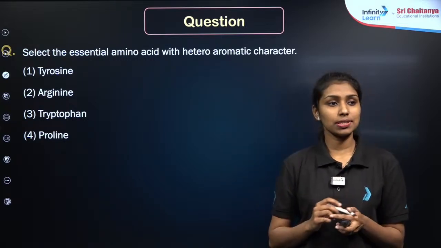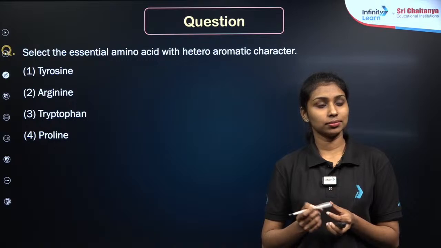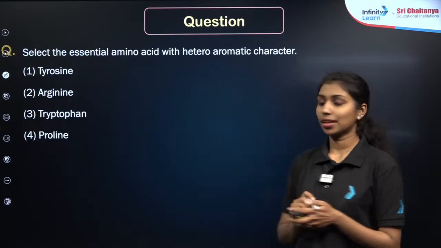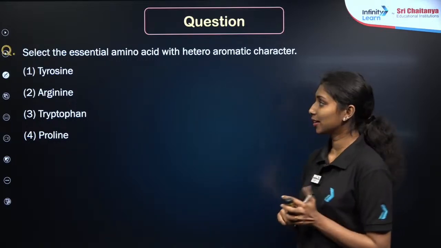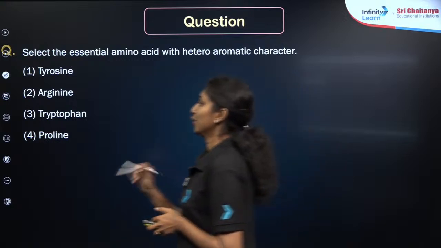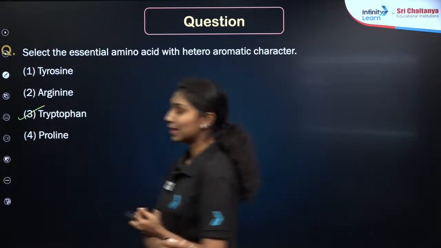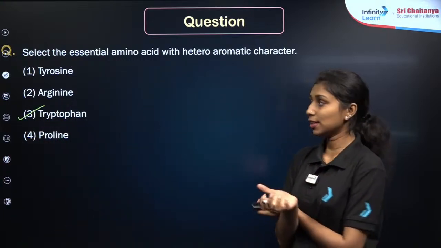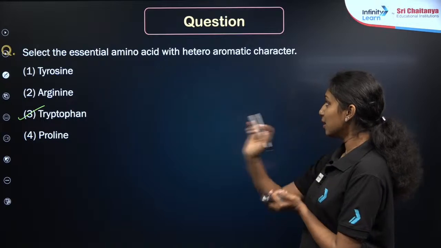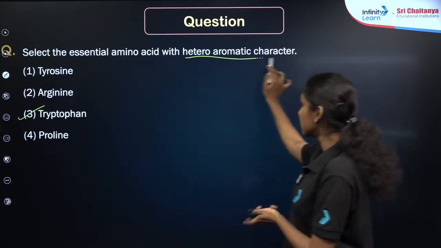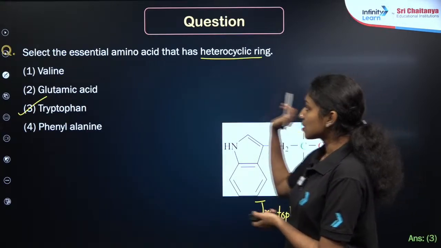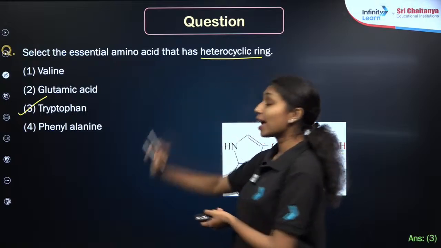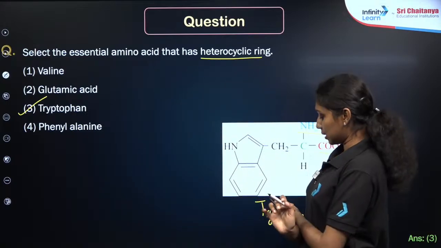Okay, what will be the answer for this question? Option 3, right? If you check with the previous question, we can say this is the same question repeated. Only the wording is twisted, that it contains heteroaromatic character, right? In the previous question, it was which one contains a heterocyclic ring. So no need to get confused.